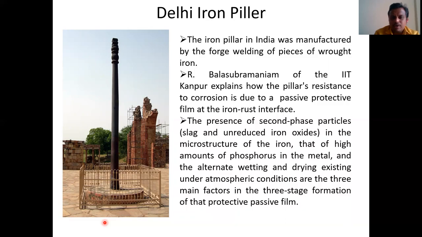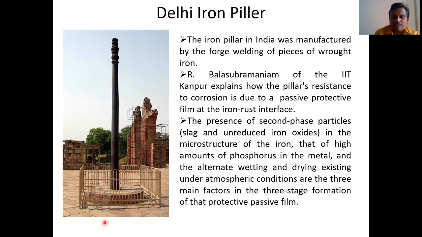R. Balasubramaniam of IIT Kanpur explains that the pillar's resistance to corrosion is due to a passive protective film at the iron rust interface. The presence of second phase particles, that is slag and unreduced iron oxides, in the microstructure of the iron, a high amount of phosphorus in the metal, and the alternate wetting and drying existing under atmospheric conditions are the three main factors in the three-stage formation of that protective passive film.